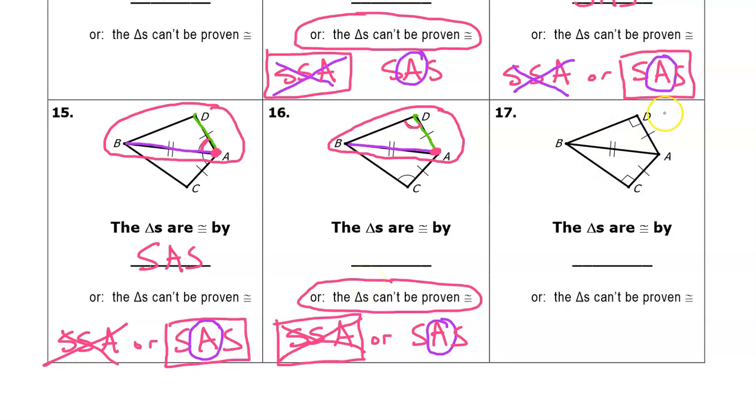Last one. Focus your eyes on the upper triangle. I'm noticing that these are right triangles, so maybe it will be hypotenuse leg, but don't assume, check. So start by asking yourself, which one of these sides is the hypotenuse? Well, the hypotenuse is always across from the 90-degree angle. So that means this is the hypotenuse. I can draw a better line than that.